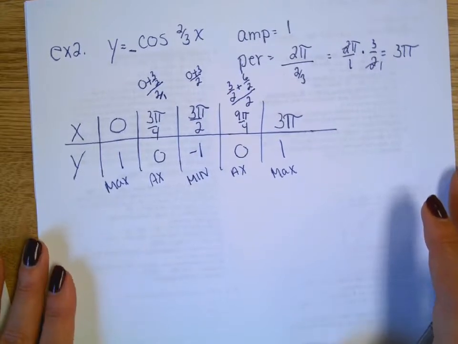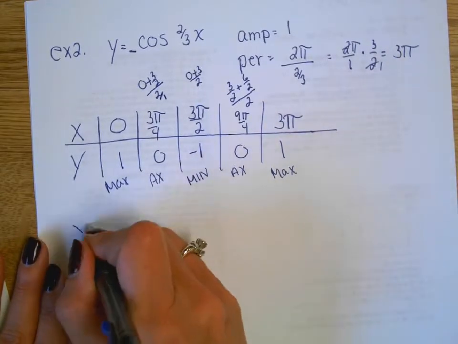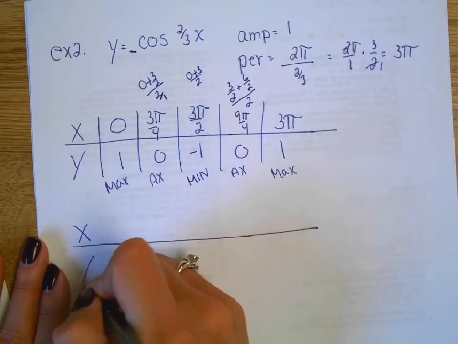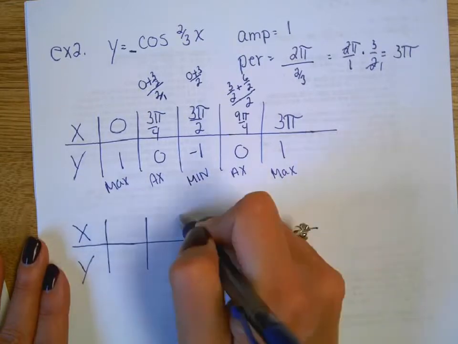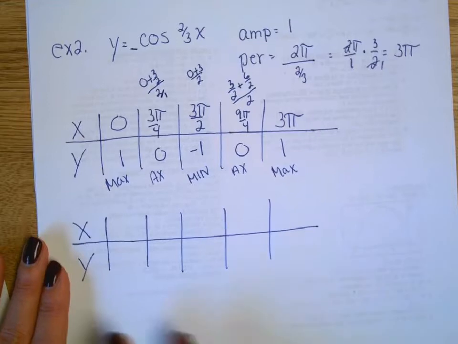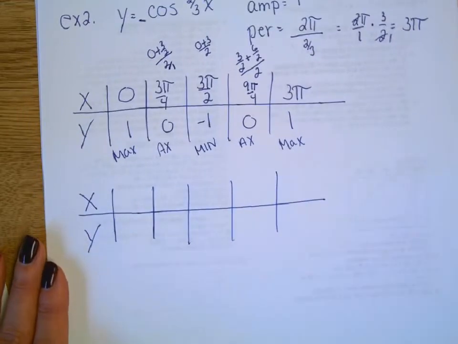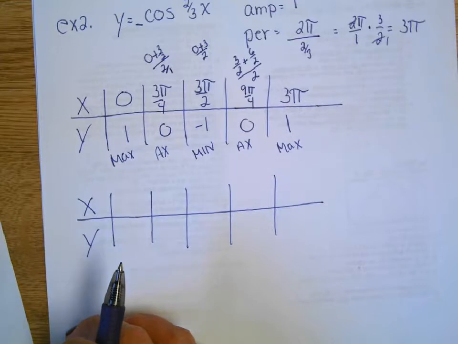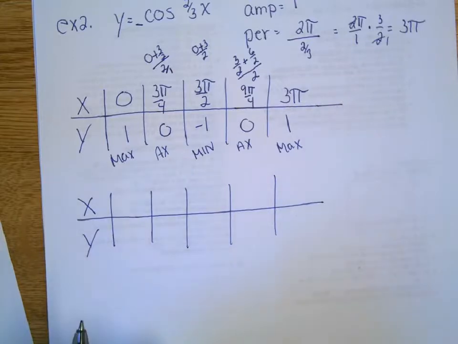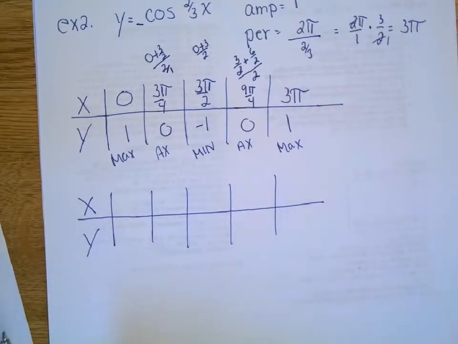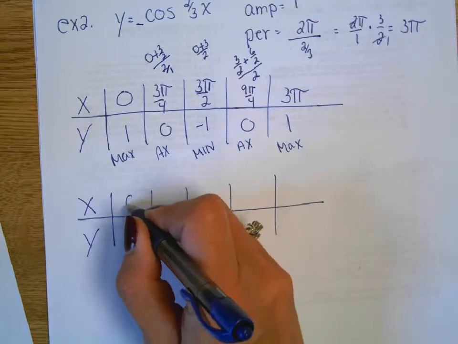Second table should not be too challenging anymore. Okay, for cosine, if there's not a negative a, don't all the y's stay the same? The y's are going to stay the same regardless if it's negative or positive. So the x's are going to switch.